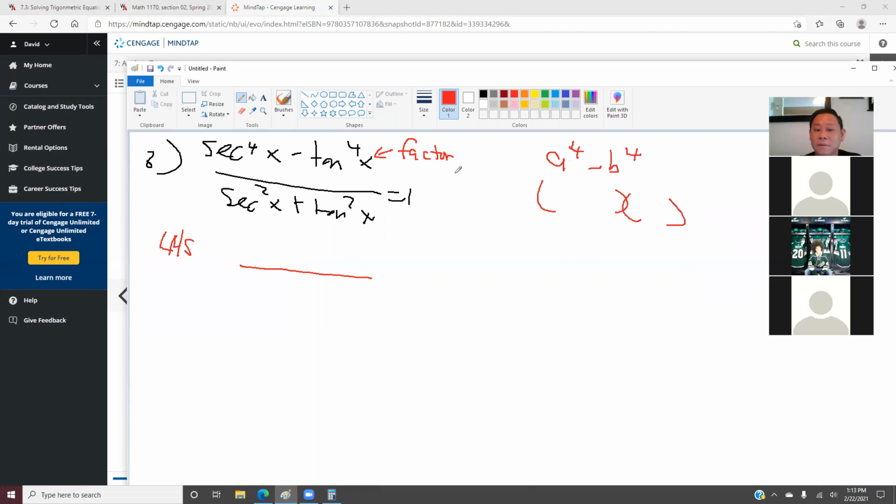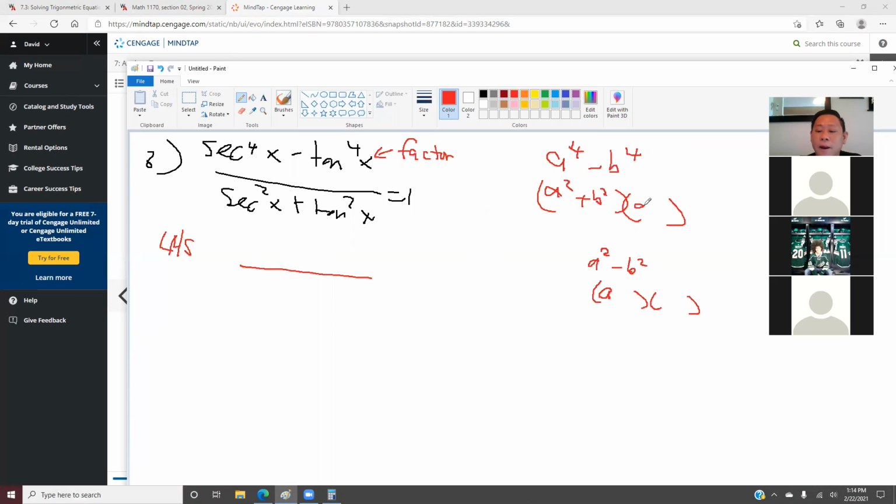How you factor this one? a4 minus b4. Do you know how to factor a squared minus b squared? This is easy usually. Is it a squared plus b squared times a squared minus b squared?